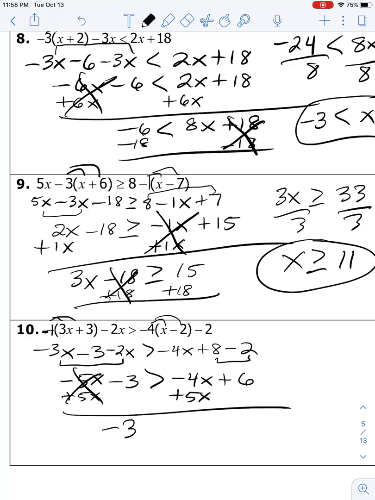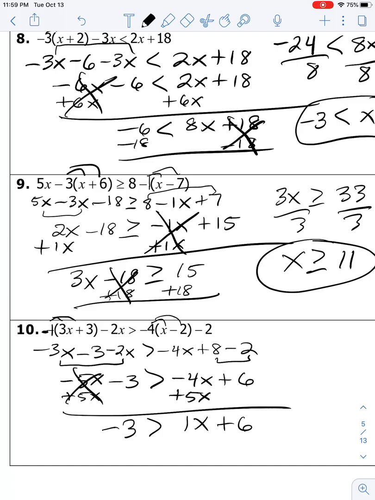Now, that's just what I would do. You can do what you want to do. There's multiple ways to do this problem. So basically, what we've got is negative 4 plus 5 is 1x. All right, drop down the positive 6.